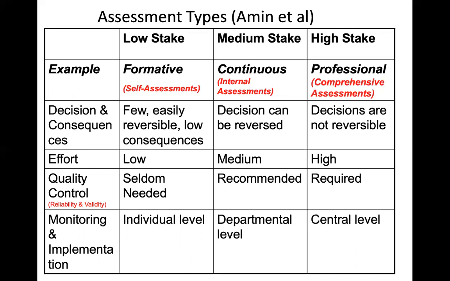It is a self-assessment or diagnostic assessment where students are not scored but only given as a self-assessment. They can do it on their own. And that type of assessment serves as a diagnostic assessment for us, for the teacher, so that we can modify our session. The second one is the continuous assessment or internal assessment that we all know. The final one is the professional assessment or the summative assessment.